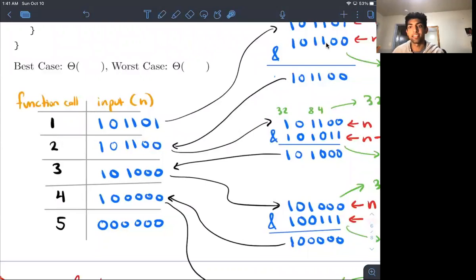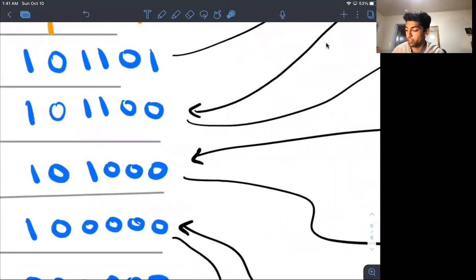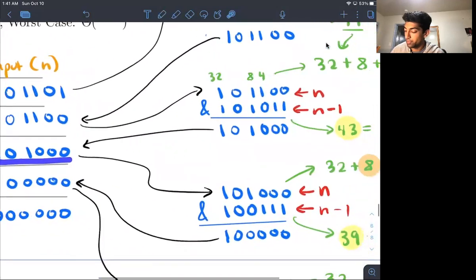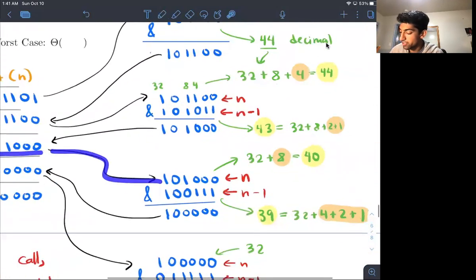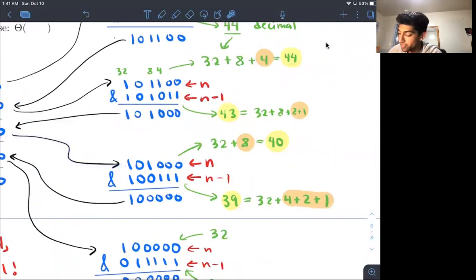Well, why is that the case? The reason is that, looking at an arbitrary function call, let's look at this number right here. If I'm looking at this AND operation that we're doing, with this number and n minus 1, what ends up happening is that we lose this 1.